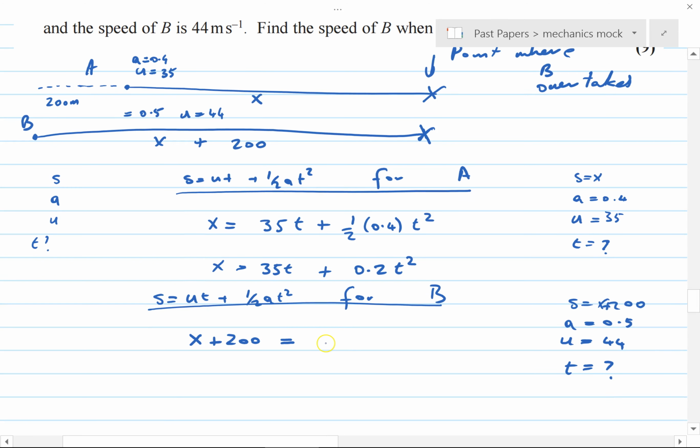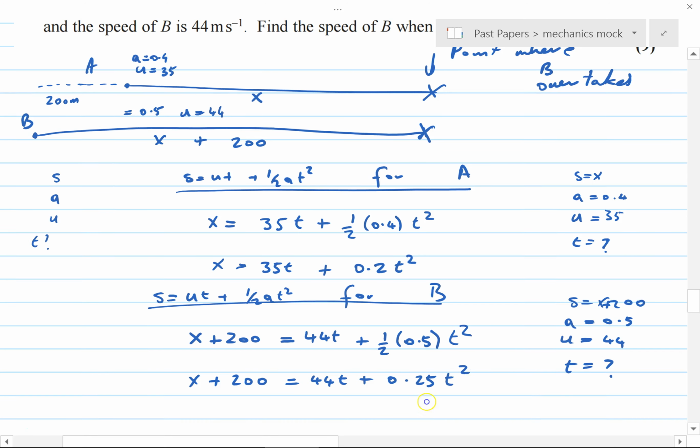So we've got ut, so that's 44t plus a half times 0.5 t squared. So that gives me x plus 200 equals 44t plus 0.25t squared.